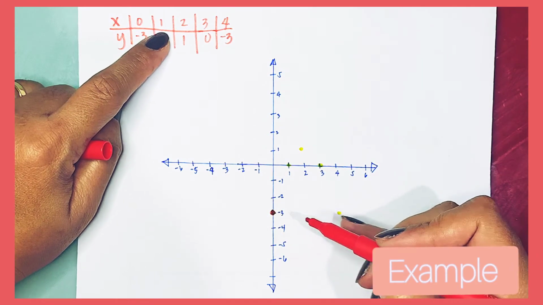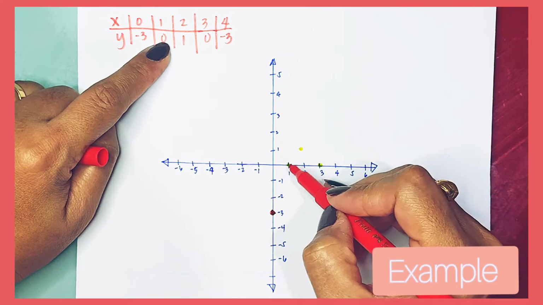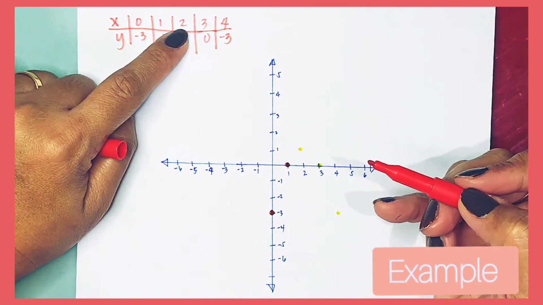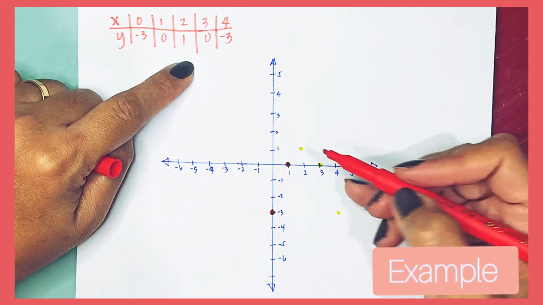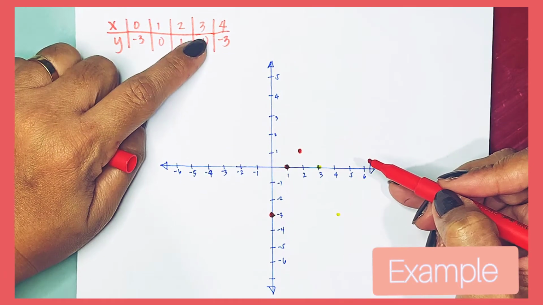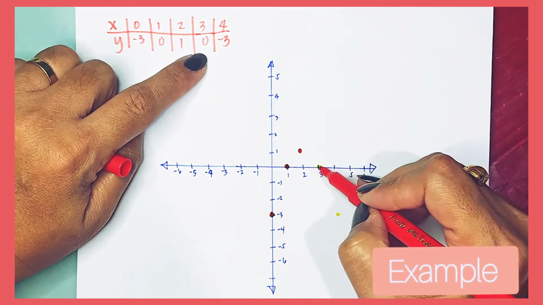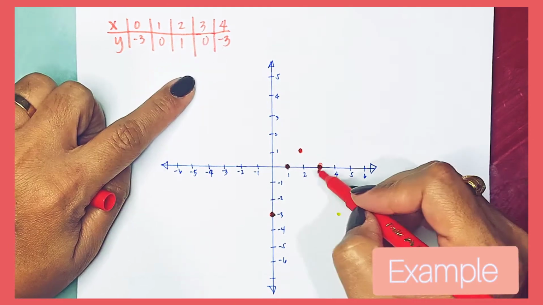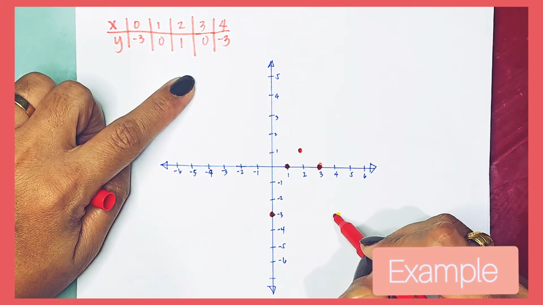If your x is 1, your y is 0. So this is 1, 0. If your x is 2, your y is 1. This is 2, 1. And if your x is 3, your y is 0. If your x is 4, your y is negative 3.